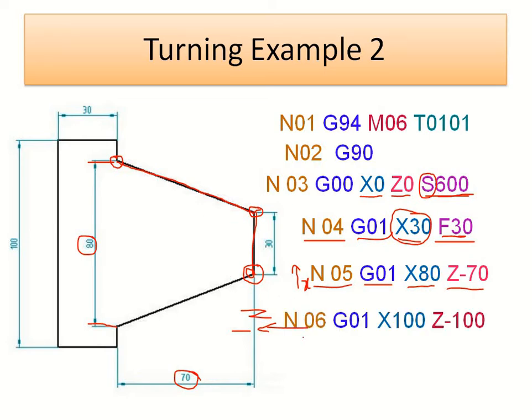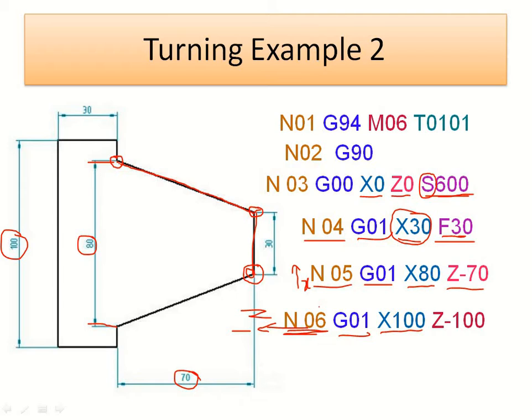Then the next block, N06, we can represent for the next block number, and with G01 we use the linear interpolation, and X100 means the total diameter of the job.